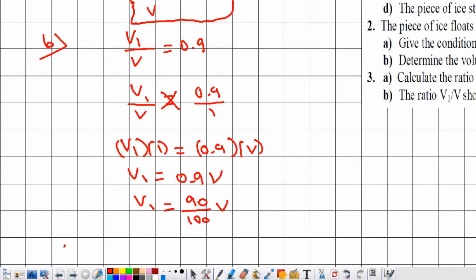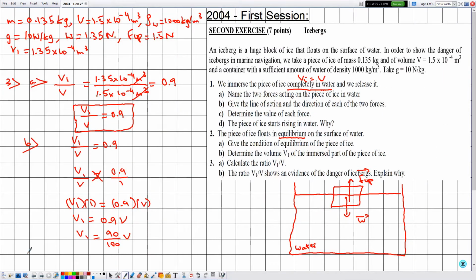So what does this relation mean? That V1 represents 90% of V.